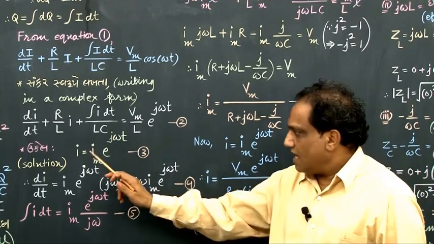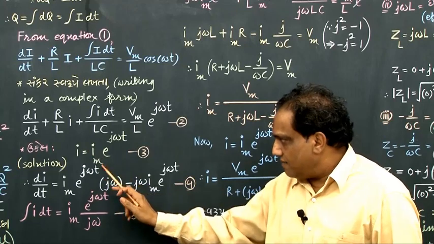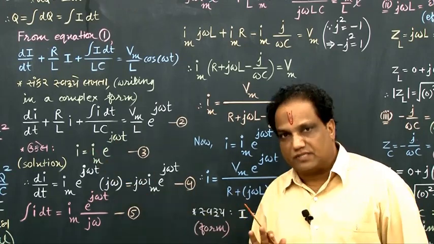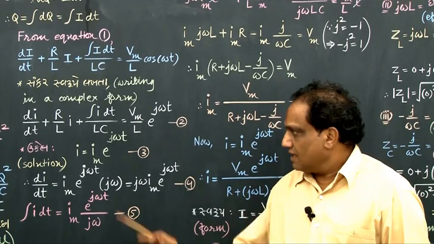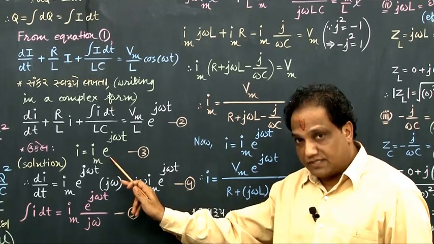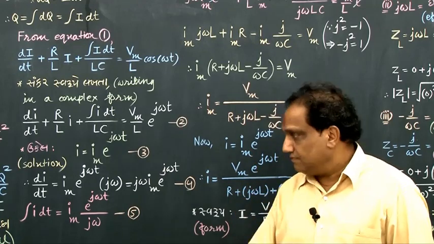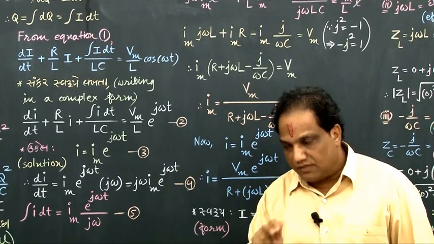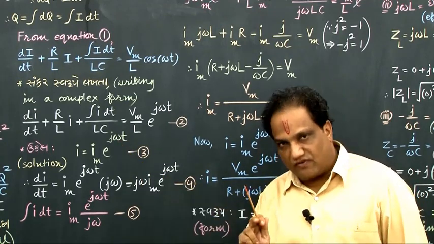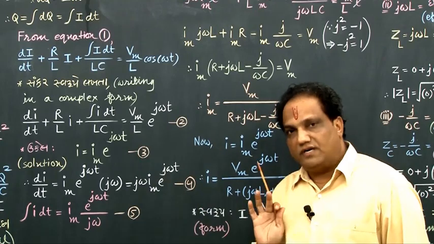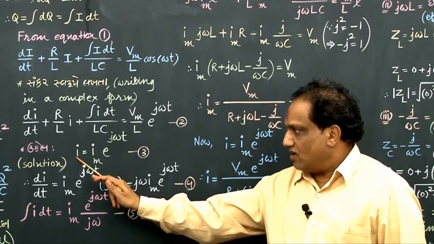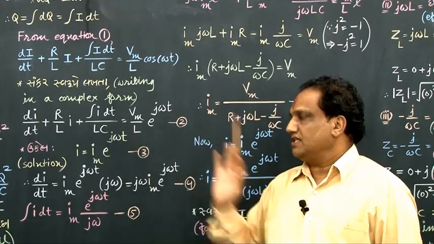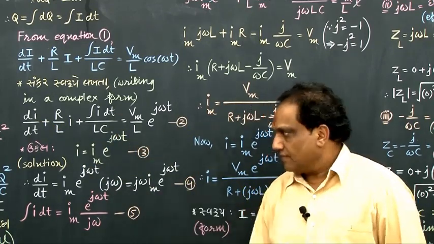I repeat, i equals Im e raised to j omega t, where Im is the maximum value, it is constant, and e is the base of the natural logarithm, j equals under root of minus 1 which is an imaginary number, omega is angular frequency, t is the given time. This is that value of i which, if you substitute in this equation, can satisfy this equation. Fine.